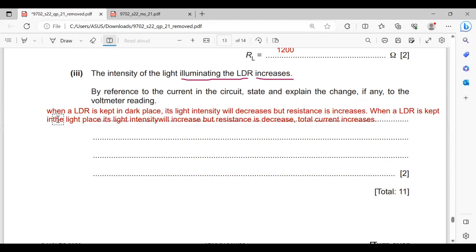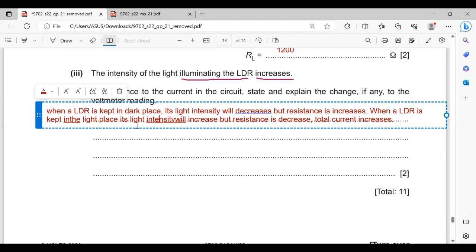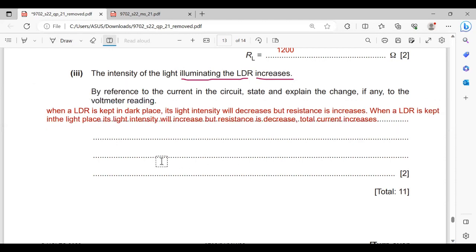When the LDR is kept in the light place, the LDR light intensity will increase, but the resistance decreases, and the total current increases.